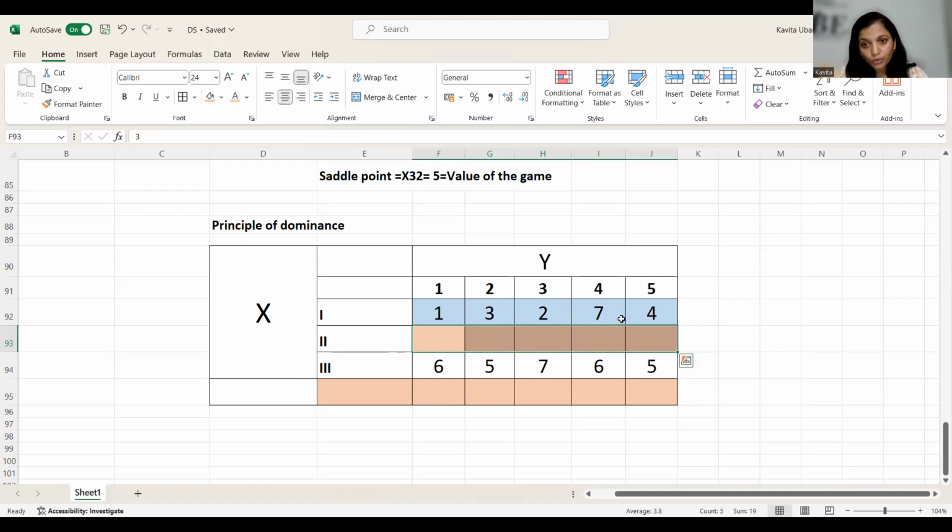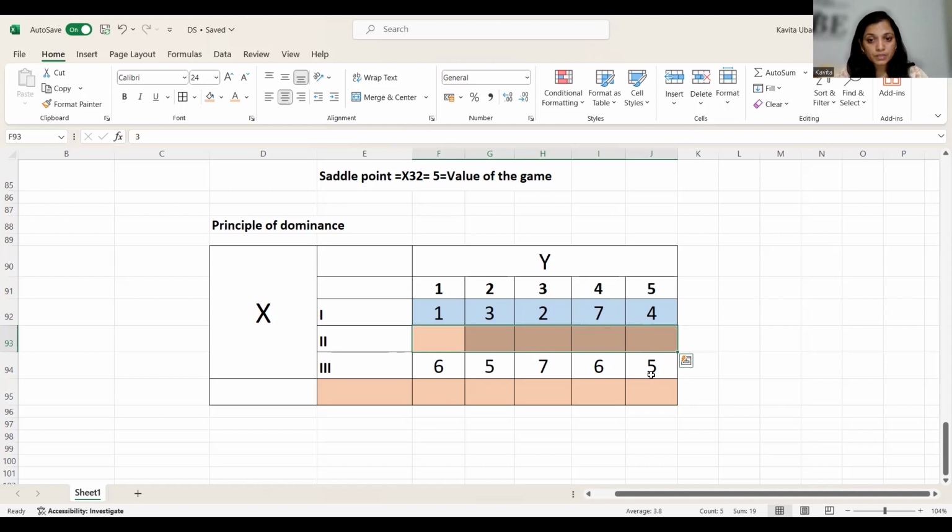Again, we'll compare 4 with 5. 7 is greater than 4, and here 6 is greater than 5. When we apply dominance row-wise, we cancel the row which is dominated, actually the lesser one.